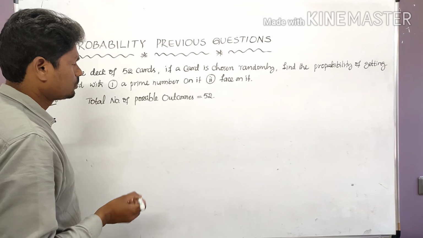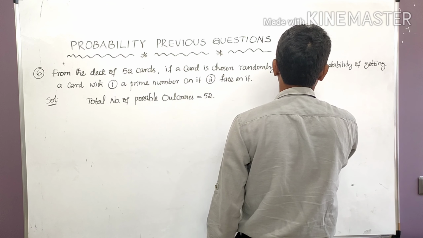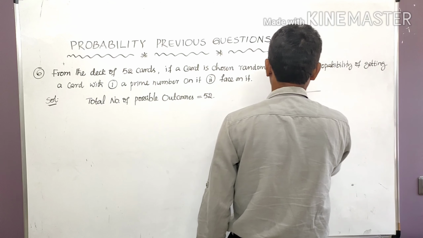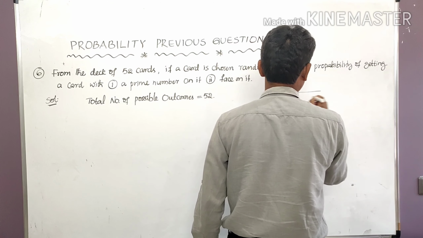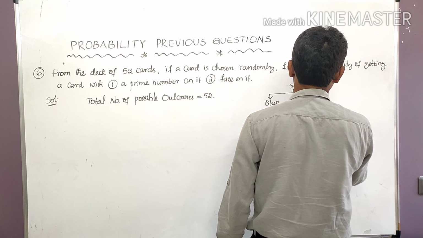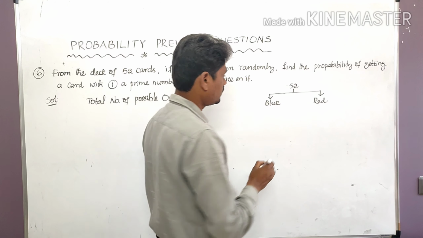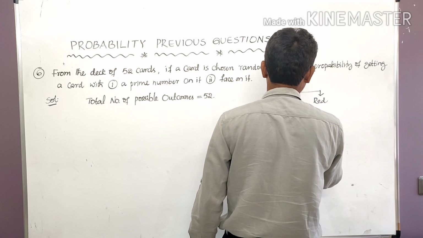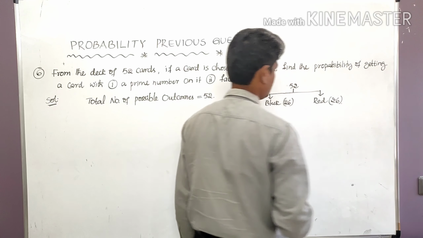These 52 cards have been divided into black cards and red cards. Black cards are 26 and red cards are also 26.